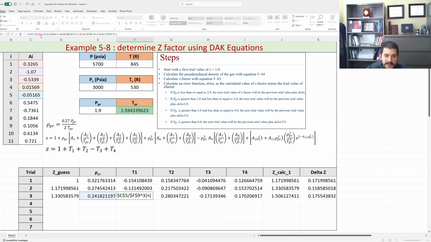Alright, so it says it should be pseudo-reduced density, okay, E20 times A1, plus A2 divided by TPR, plus A3 divided by TPR cubed, plus A4 divided by TPR cubed, plus A5 divided by TPR to the 5th. This one looks good. Next one.